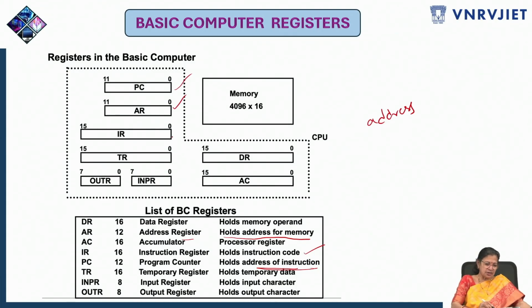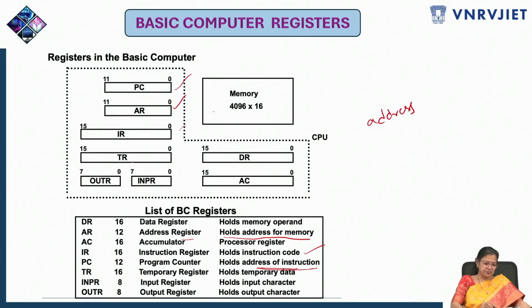Coming to the other registers, the instruction register: just now I told you the instruction is 16 bits, which will be fetched from the memory into this, and its address will be held by the PC, the program counter. The instruction will be fetched into the instruction register, and from there it will be sent to the CPU for execution.